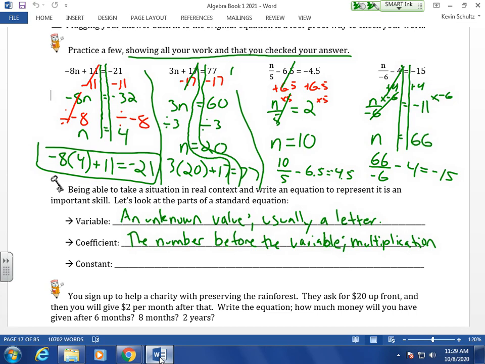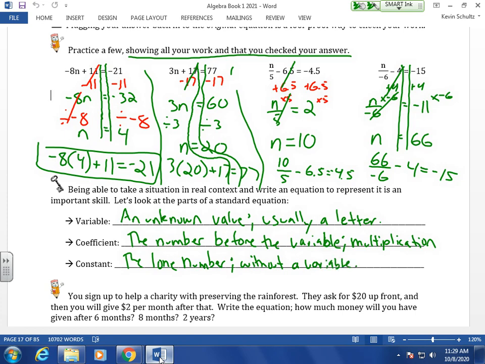How about a constant in an equation? A constant. Julia? Right, it's the number, it's the lone number, okay? It's what doesn't change.